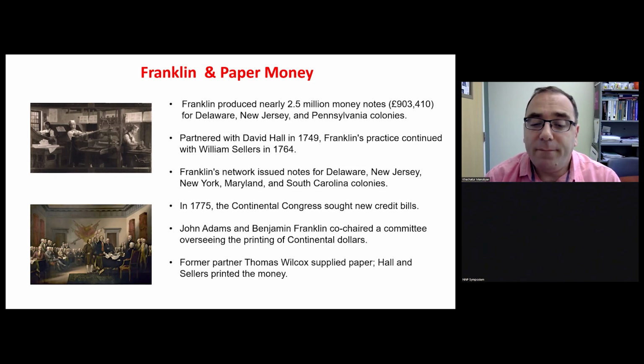They commissioned Thomas Wilcox to make the paper for this money, and Hall and Sellers printed the money themselves. These were Franklin's old business partners, friends, and people he worked with. And all these techniques, which we'll learn about a little later today, that Franklin developed were used for printing Continental money.